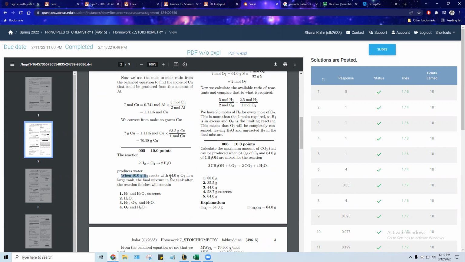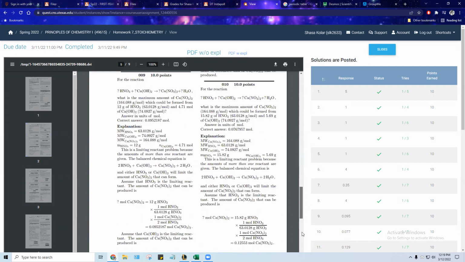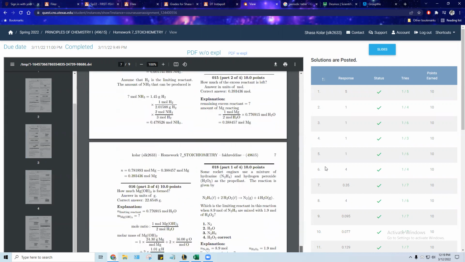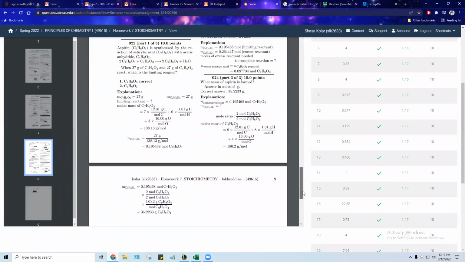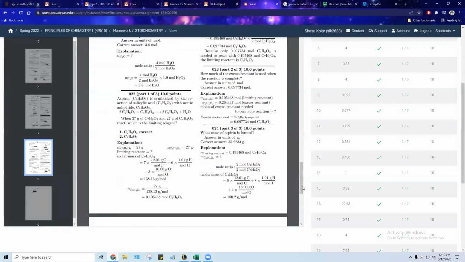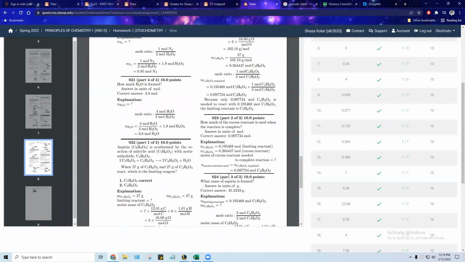When 10 grams of hydrogen, so in this reaction, what we're doing is similar to the one apparently a lot of people are having issues with, number 24. Because in number 24, you had, or 22, 23, and 24, it was having you find the limiting reagent and then use the limiting reagent to find out how much aspirin would be formed if you only use the limiting reagent.